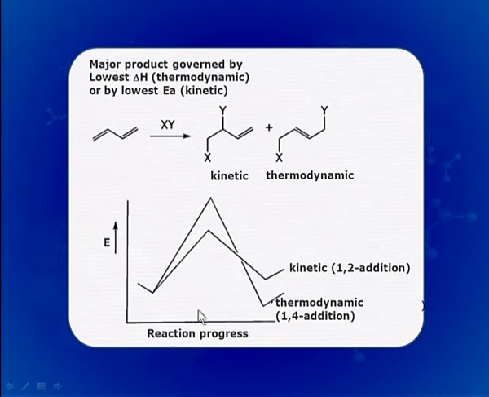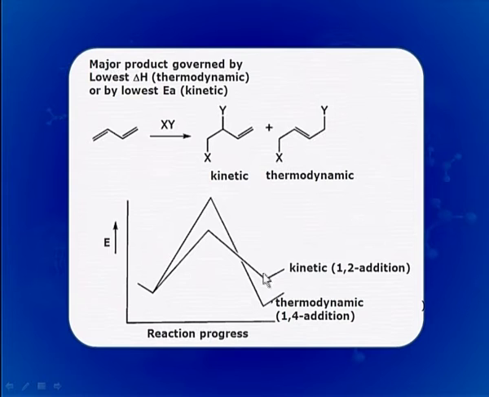But from this energy diagram we can see that for the formation of the kinetic product, the energy of activation required is less. Therefore, at low temperature the kinetic product is easily formed, but this product is less stable than the thermodynamic one. So, at a higher temperature what happens?